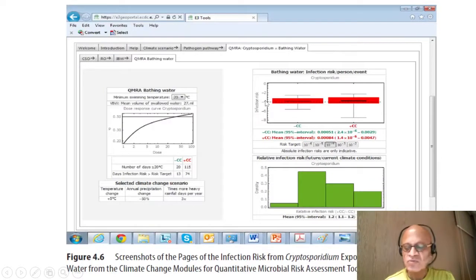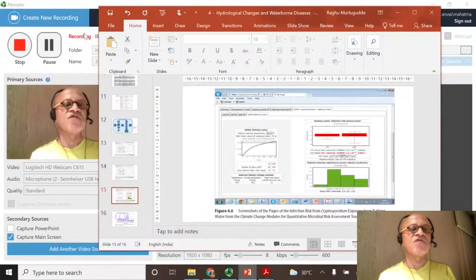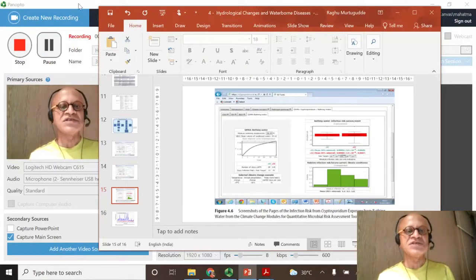Okay, so this is a very quick run through the adaptation strategies for waterborne diseases, but there are numerous examples.